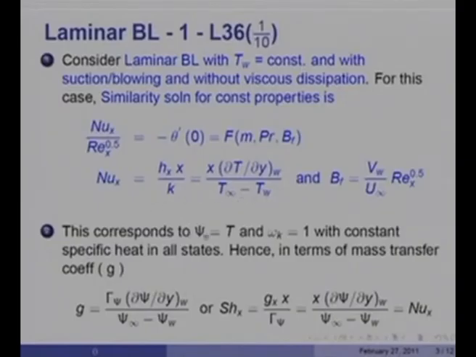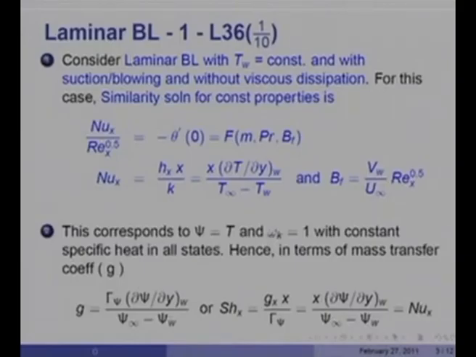In our general mass transfer problem, this corresponds to psi equal to T, and because this is a single phase fluid, the same fluid being blown or sucked through the boundary layer, we would have omega_k equal to 1. In other words, there is no mass transfer driven by concentration gradient.